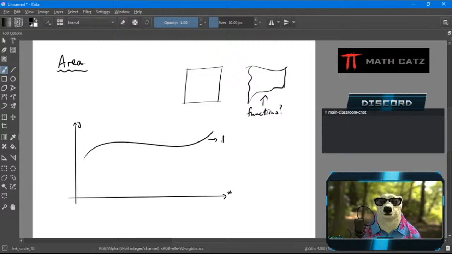That is going to come from some function. And let's suppose we're interested to enclose the space between two x values. Let's say this one is at x equal to a, and the other one is at x equal to b.